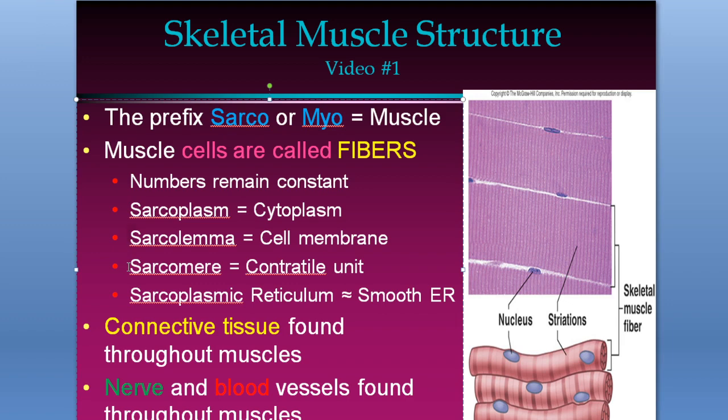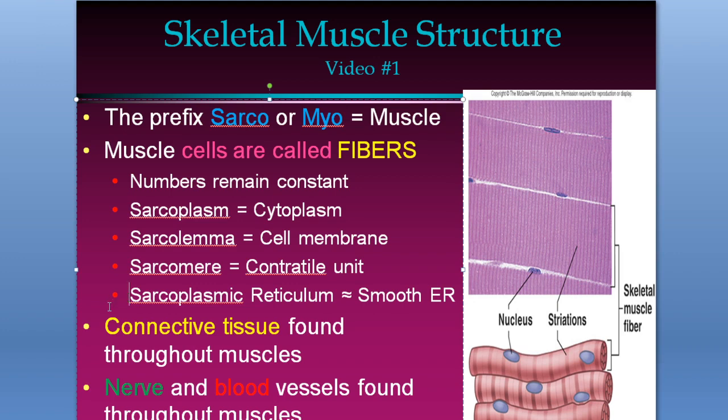The contractile unit of a muscle fiber, that part of the cell that actually contracts, is called a sarcomere. And then we have smooth endoplasmic reticulum that has a very specific job in muscle. So it's not really smooth ER, so we call it sarcoplasmic reticulum.